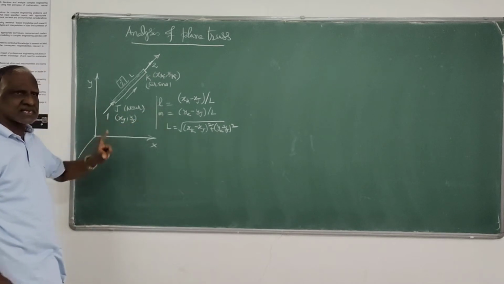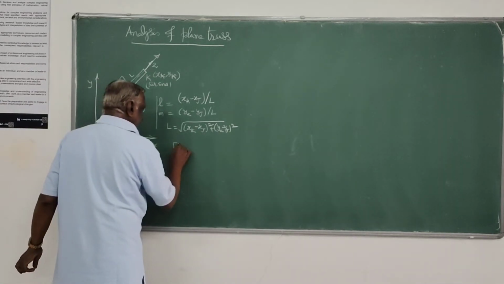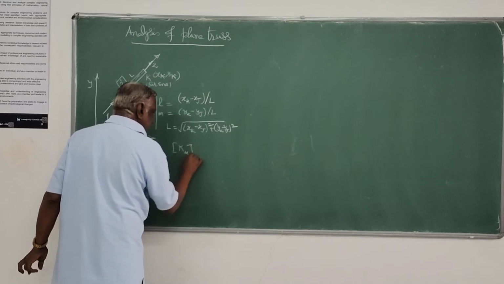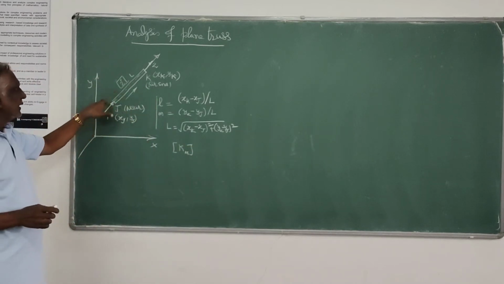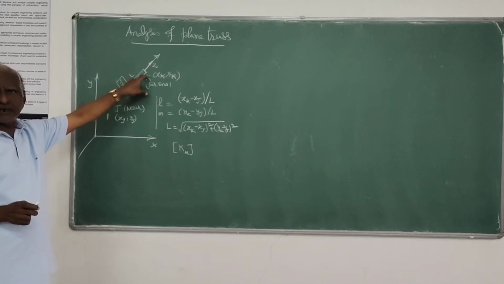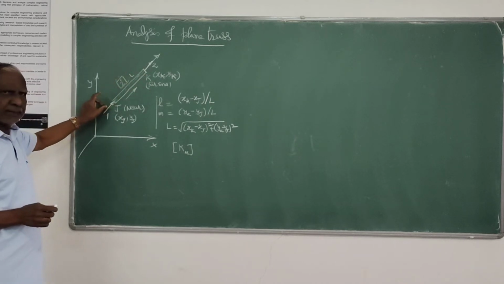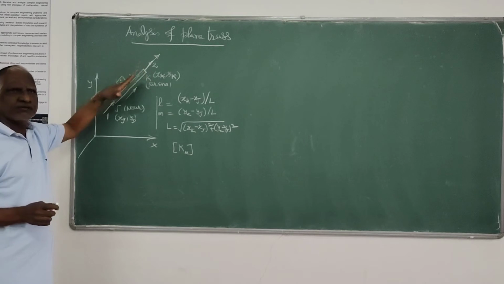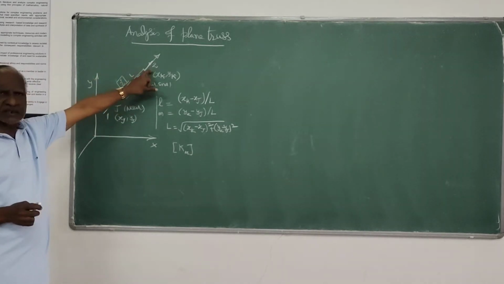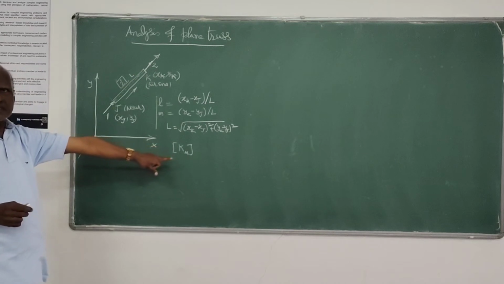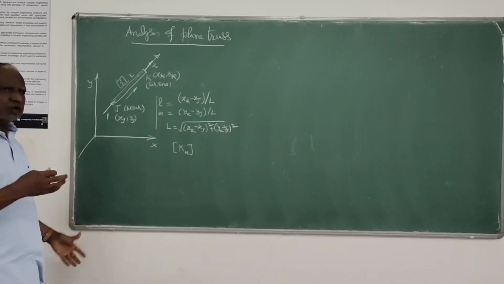Having known this, we have to generate the member stiffness matrix locally. Since it is a line member, it has 2 degrees of freedom: at the two ends we have only axial force and axial displacement. With these 2 degrees of freedom, the size of the stiffness matrix has to be 2 by 2.